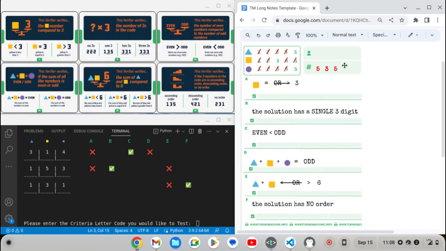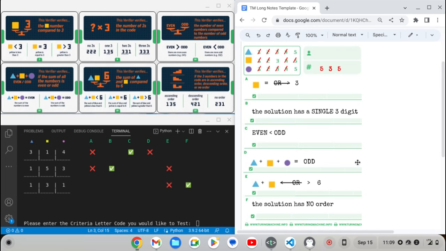Okay. Well, let's quickly see. What didn't we confirm and what did we? So it looks like, yeah, at the end we did confirm. We tested A twice. It didn't like 1 or 5. So yes, the middle digit has to be 3. We did test B, and it was confirmed that there's a single digit in our solution, and there is. We did C. We confirmed that yes, there should be more odds than evens.